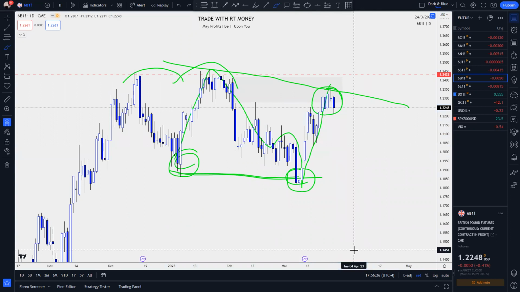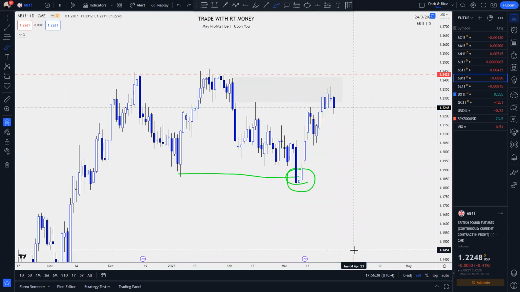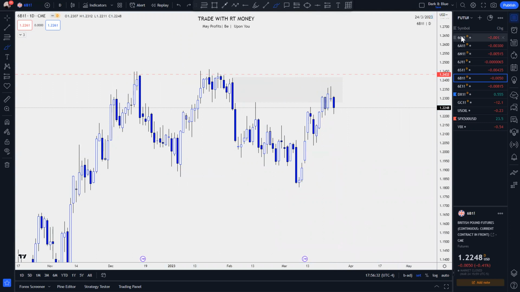But relative to the other currencies I gave you, CAD, Aussie, New Zealand, what do they have in common? They are commodity currencies, based in commodities. And they are weak right now.